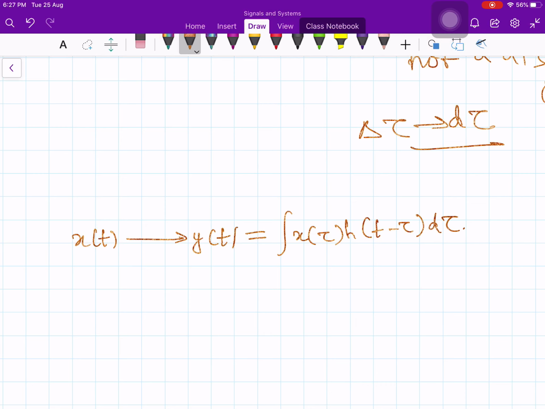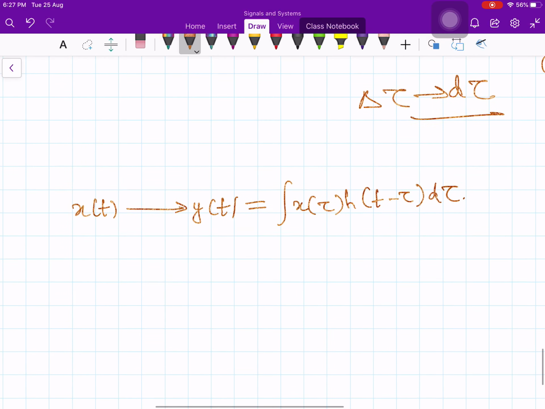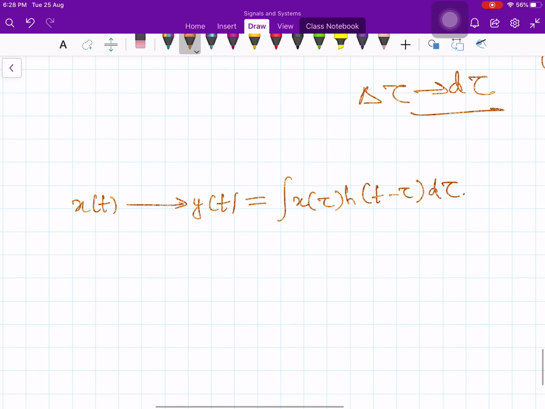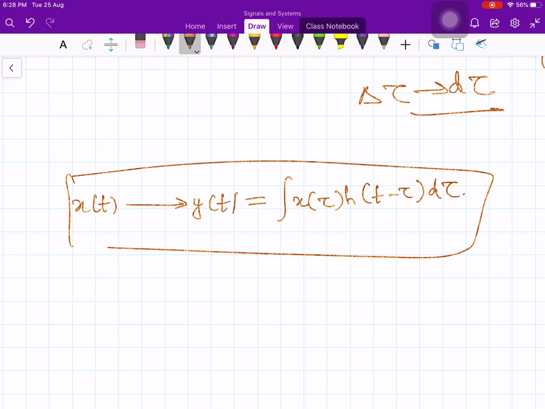That is how we obtain it in the limit. This integration must last from minus infinity to plus infinity, but in the more usual cases the limits can be further restricted, as we will see at a later point of time.